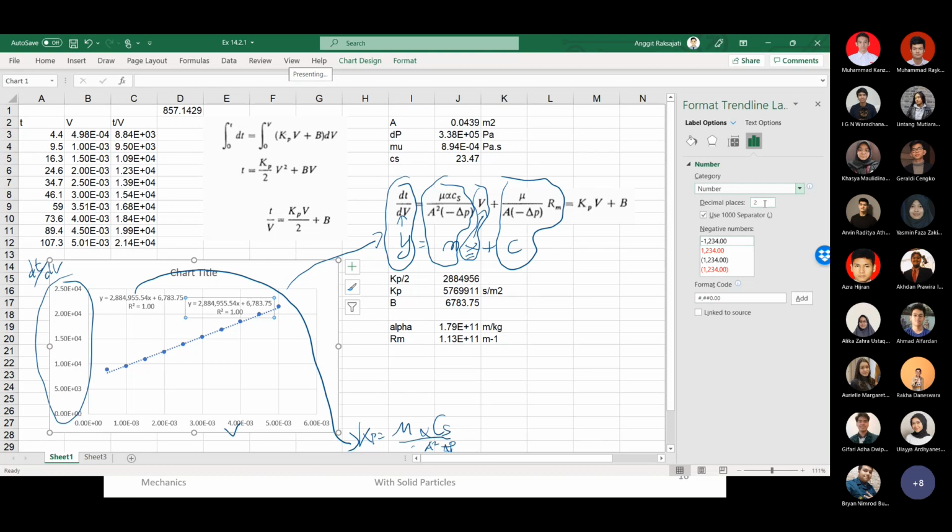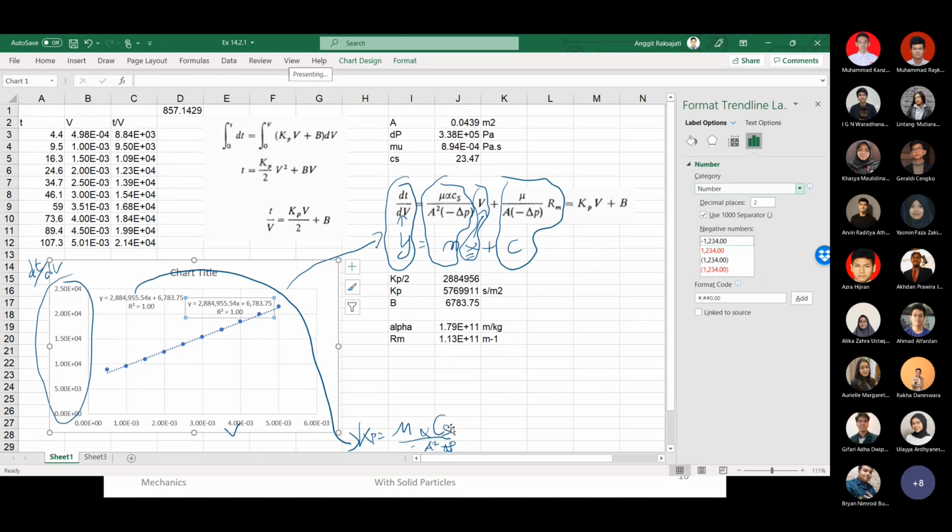Then you can play around with the decimal. So now instead of a rounded number, you get the correct number. Then you get the gradient, 2.884 million.